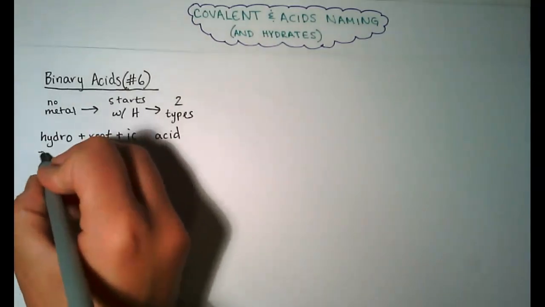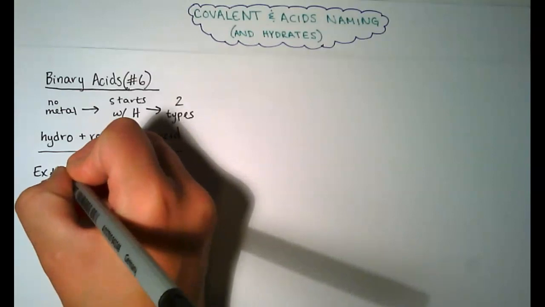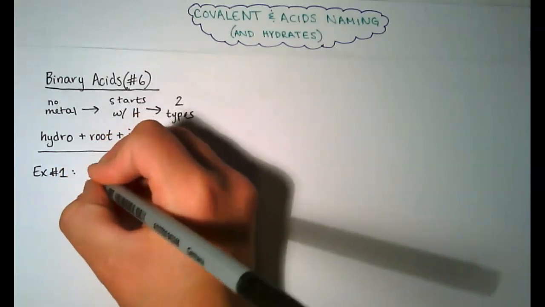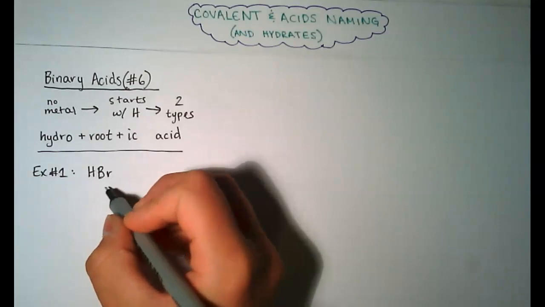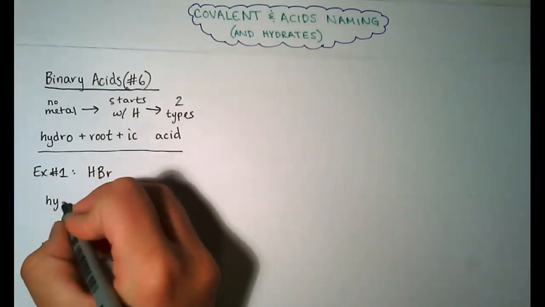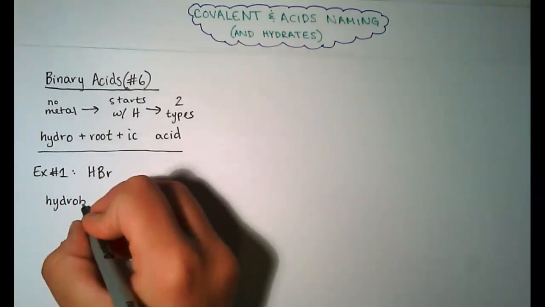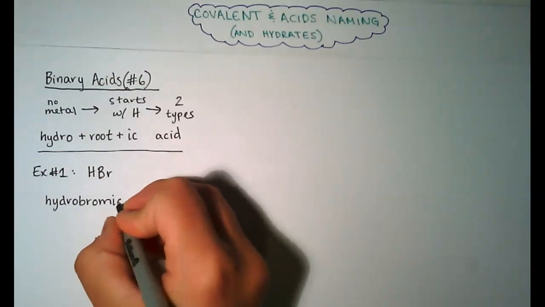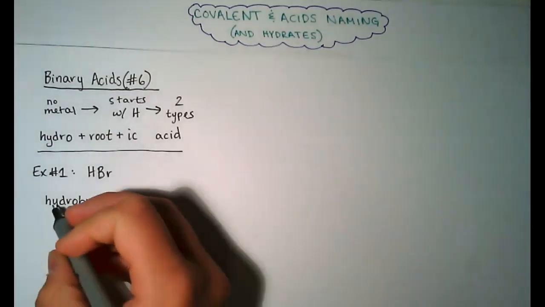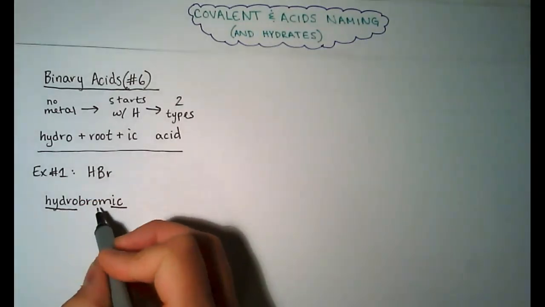So let's try this out. Example number 1, let's do HBr. So bromine, just the element bromine here. So we need to start out with hydro. And then we take the root of bromine, which would be brom. We change the ending to ic. So hydrobromic. I'll underline the acid naming rule parts of this. Hydrobromic.